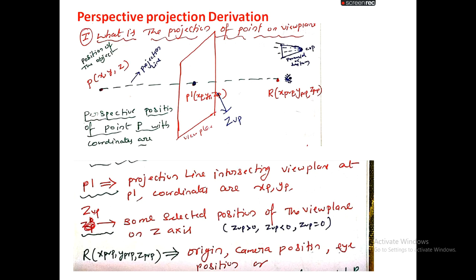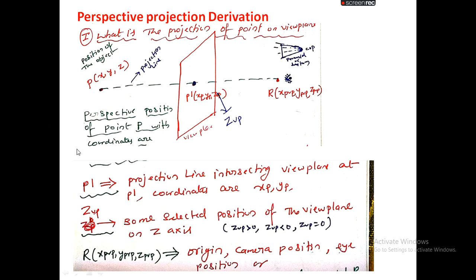So when we are viewing that object along the z-axis, whenever that projection line intersects the projection plane with respect to that point P, that is the projection of the point P, or the projection coordinates of the object P on the view plane. This is our aim with respect to this concept.